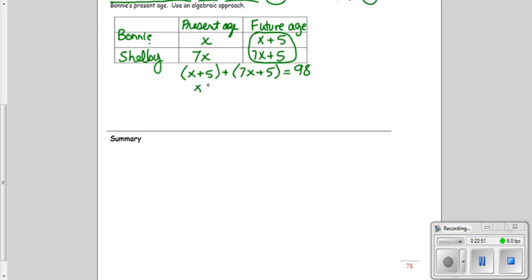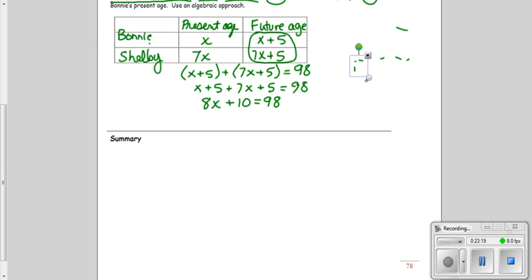So here we have x plus 5 plus 7x plus 5 is equal to 98. And we can use the properties of addition to reorganize our problem. Combining our like terms, x plus 7x is 8x, 5 plus 5 is 10, and that is equal to 98.